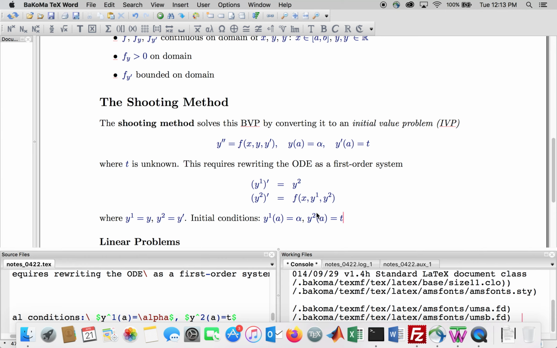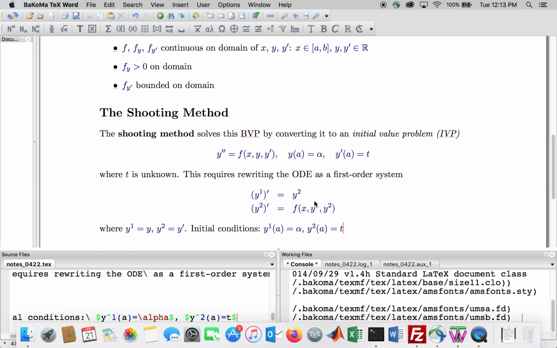So the idea is you can select a value of t and solve this initial value problem with these initial conditions for this choice of t, and see if your solution y1 at b is equal to beta, like you want it to be.